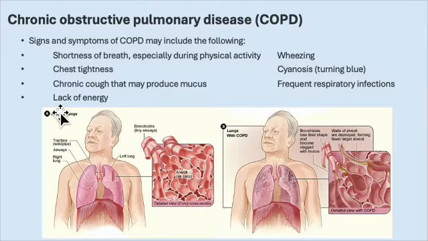That is chronic obstructive pulmonary disease. COPD is a chronic inflammatory lung disease that causes obstructed airflow from the lungs. And again, it's an umbrella term that usually indicates two conditions: chronic bronchitis, which we'll see on the next slide, and emphysema, which we just saw.